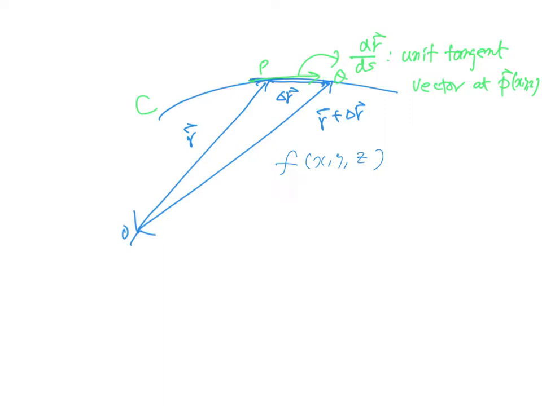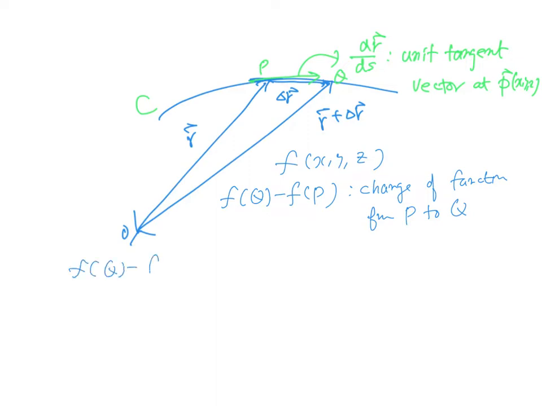We would like to compare the two results, f(Q) minus f(P), the change of the function from P to Q. So f(Q) minus f(P) is f(x plus delta x, y plus delta y, z plus delta z) minus f(x, y, z).